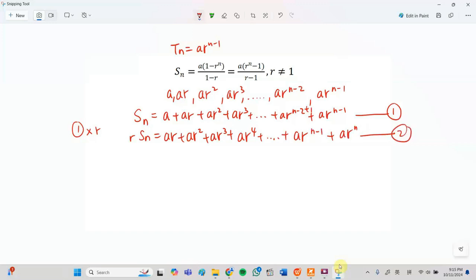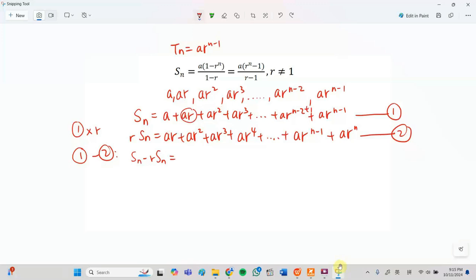What will happen if we take equation 1 minus equation 2? So equation 1 minus equation 2 means this minus this. You get Sn minus rSn. Then for the right hand side, if you take this minus this, you cancel it off, becomes 0. If you take this minus this, they are cancelled.